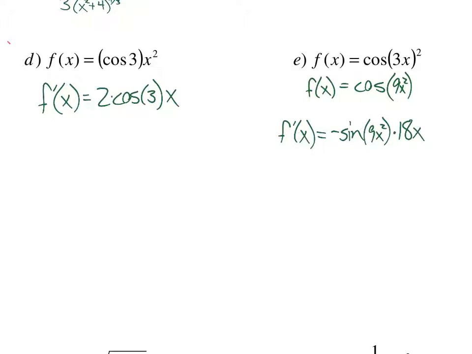So it's the derivative of the outside times the derivative of the inside. We'd probably want to write this as negative 18x sine of 9x squared. I like to pull everything in front of the trig functions so we don't accidentally think it's inside the trig function. And that's it. That's our f prime of x.